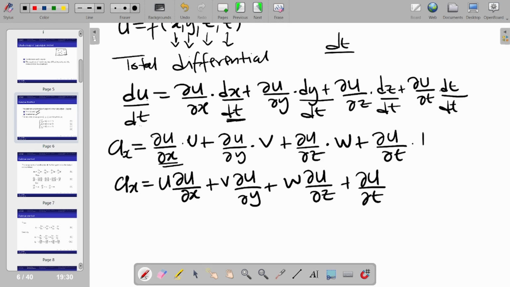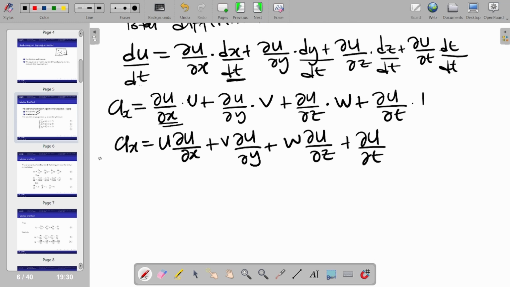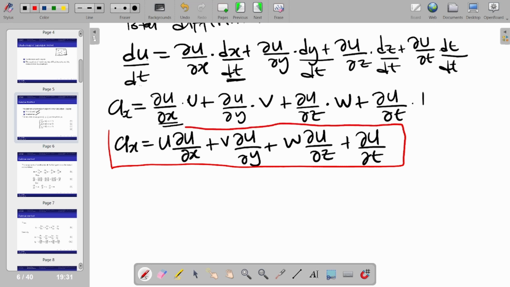So this is the acceleration component for the x-axis.